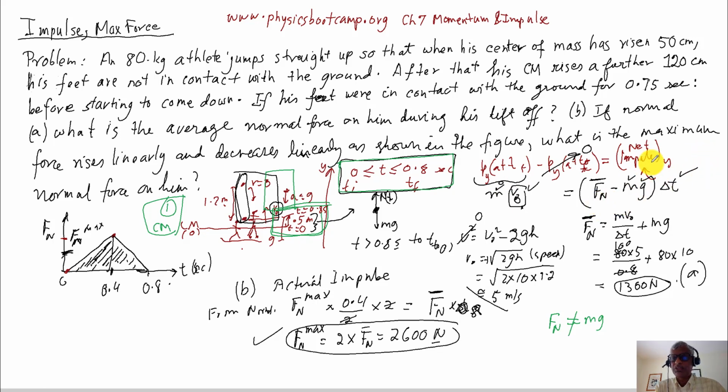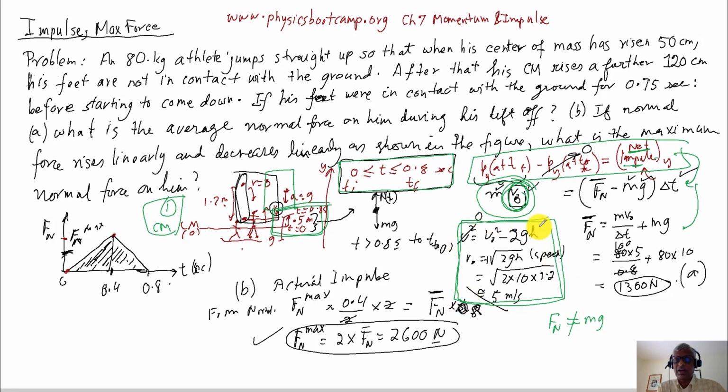I needed to make sure that the impulse was net impulse, and once we got through this, we were able to identify what we needed to find from the second time frame. We needed to find v0, and there we used constant acceleration, because in this time frame, only gravity is acting. Those were the critical things.